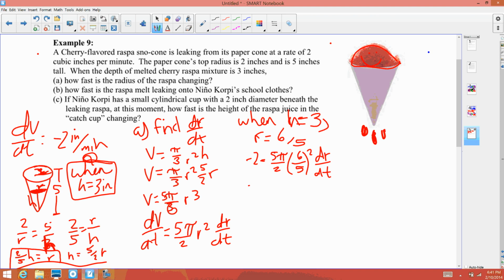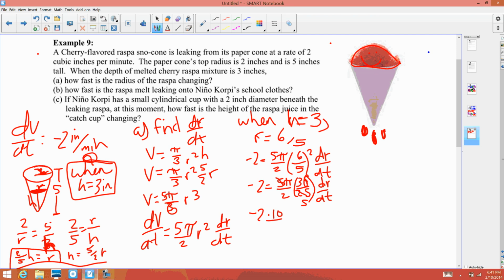Okay, then we have -2 equals, start to simplify this, 5/2 pi times 36 over 25. I could reduce some of that. Alright, so that would be 5. Right, but then we have -2. Not 35, 36. Alright, I can't read this.